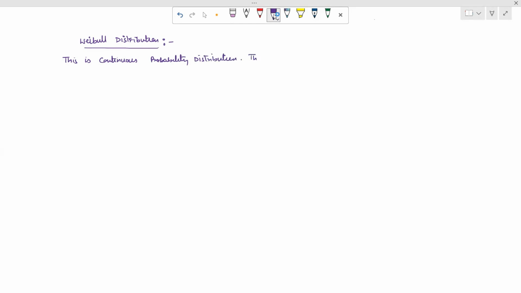And this distribution is also a family of exponential distribution.